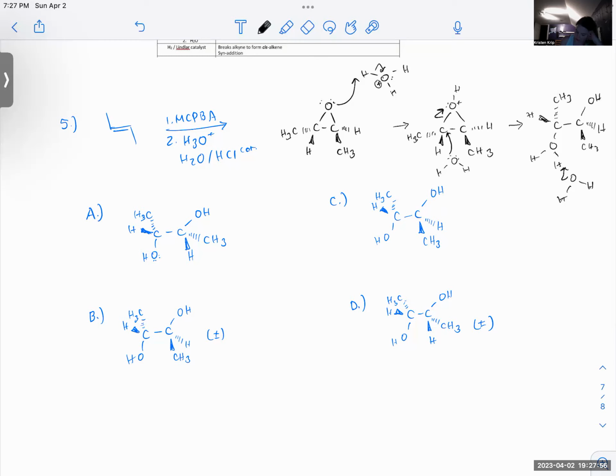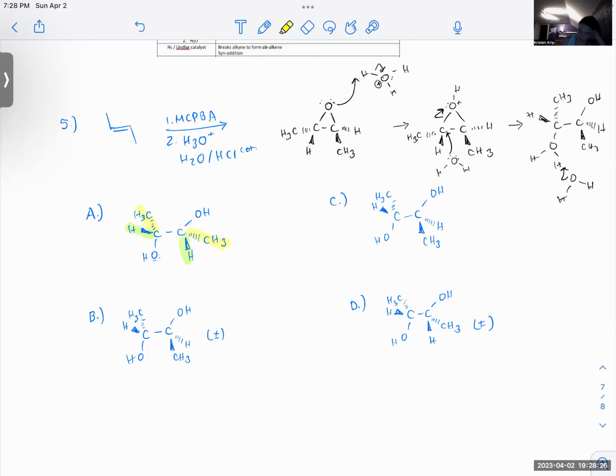So if we are looking around at, oh yeah, okay, let's look at A. Our hydrogen and our methyl and our methyl are on the same side as each other, like both the hydrogens are pointing up and both the methyl groups are pointing down.